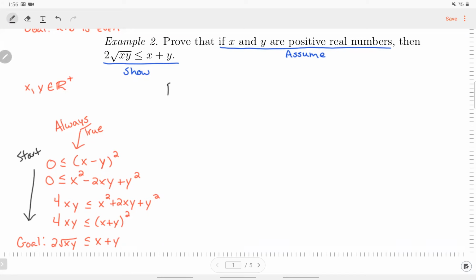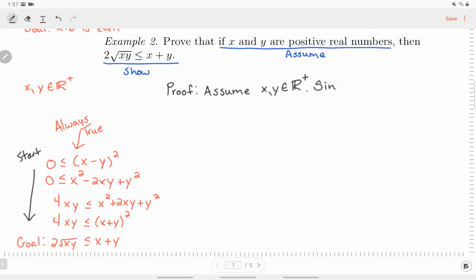All right. So let's write out our proof. Again, all you'd turn in would be the proof. So we start with our assumption. I'm going to assume x and y are positive reals. So here we go.